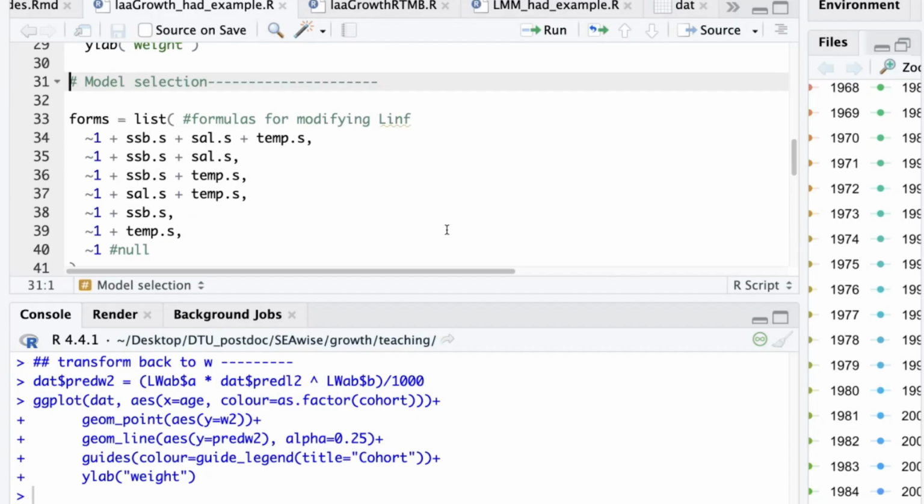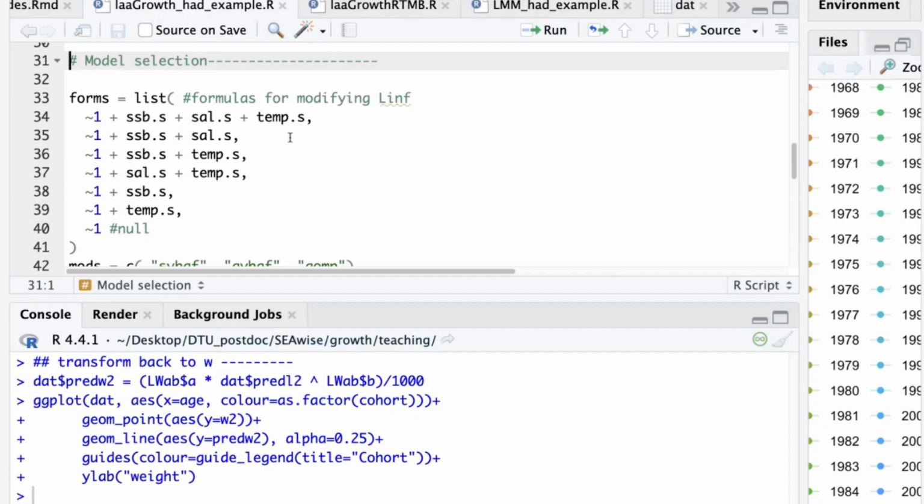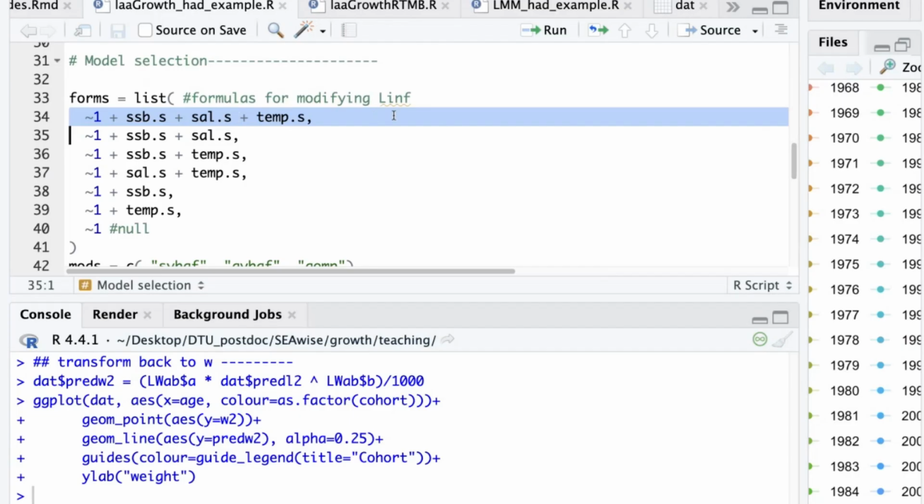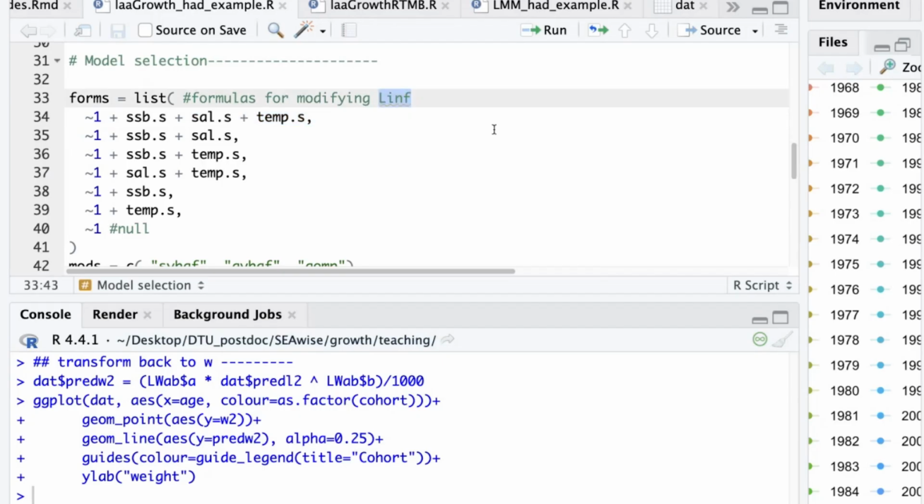Then I wanted to demonstrate doing model selection for you. So here's a list of formulas that contain all subsets of this first formula. This is essentially what the dredge function is doing, but it does it automatically. I didn't make this current code compatible with the dredge function, so you have to list the formulas that you would like to try for predicting your L infinity.